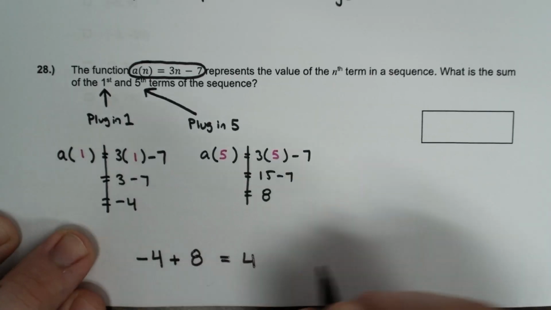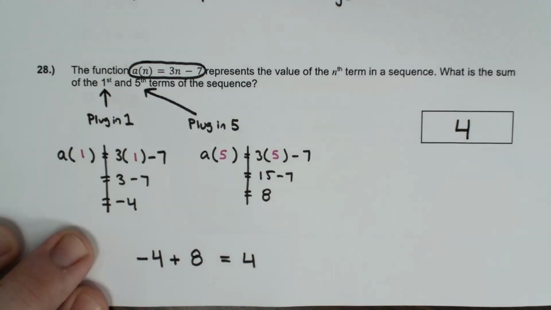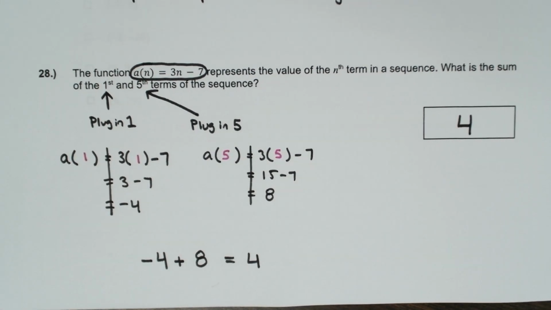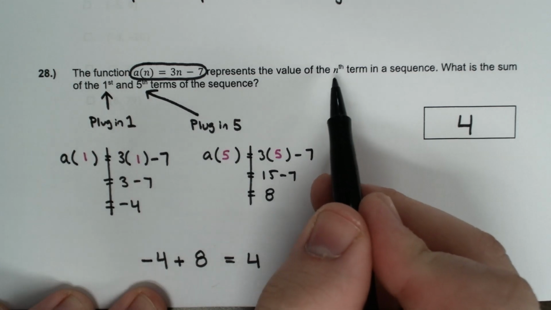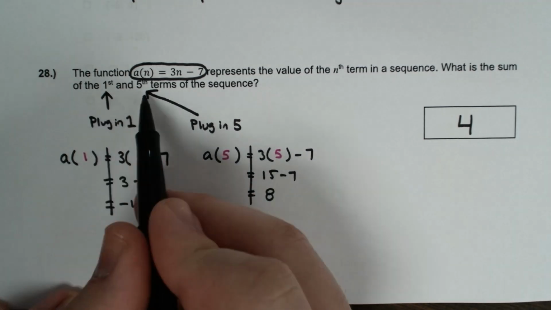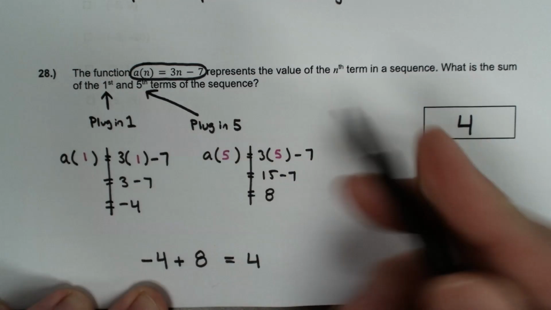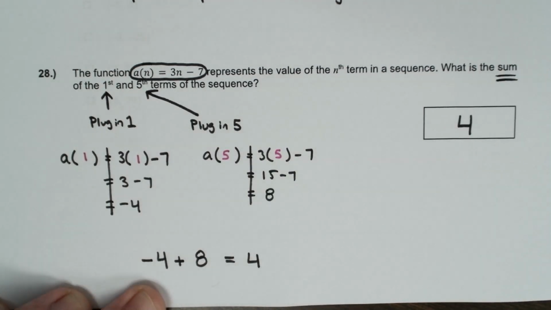The answer is 4. Because this function gives you the nth term in a sequence, and it wants to know the sum of the first and the fifth, just plug in 1 and just plug in 5, and then add those together. Okay, we're not too far from being done. Any questions before I flip over?